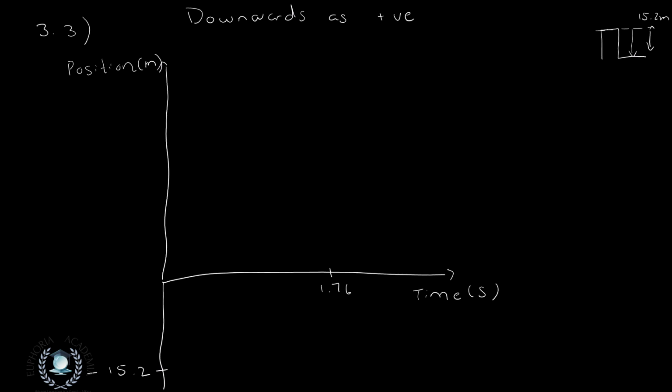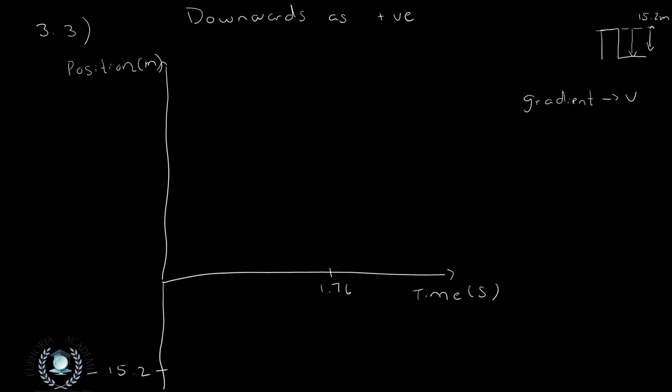All right, now here comes the kicker, or the question. Are we going to draw a straight line, or is it going to be a different kind of line? Well, it's going to be a different kind of line because for a position versus time graph, the gradient is what?